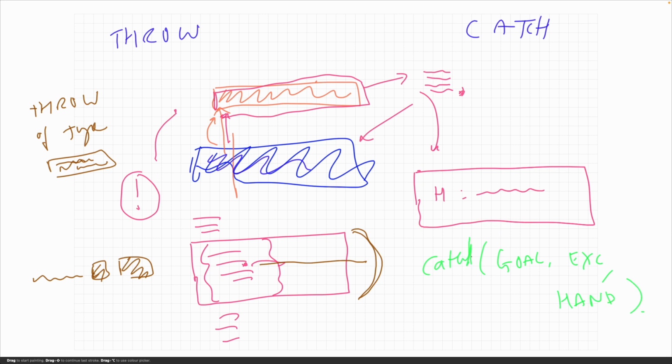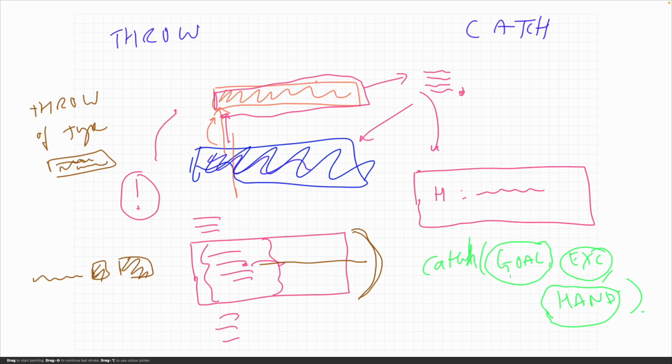This is what tells Prolog that around this goal I'm going to listen out for an exception of this type, and if you catch it, if you find one, then run this handler. So again, very simple, the bare minimum of a system for throwing and catching exceptions.